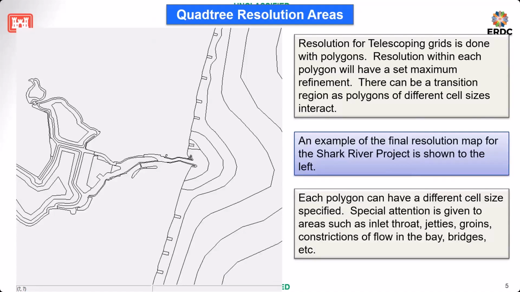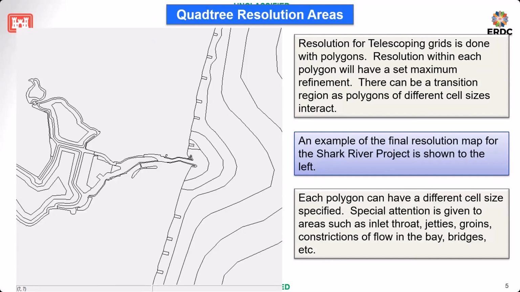Okay, now we're going to spend some time talking about Quadtree resolution areas. And this is one area that a person can spend a lot of time going back and forth on, between the produced grid and the refinement, because we just don't have enough resolution in an area that gets wetting and drying, and we have stability issues.